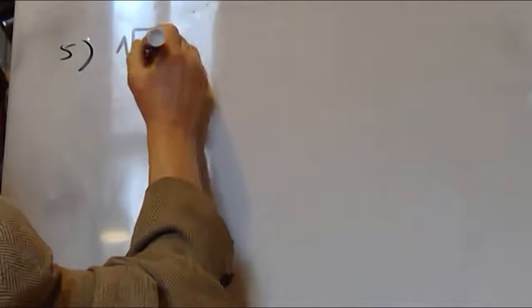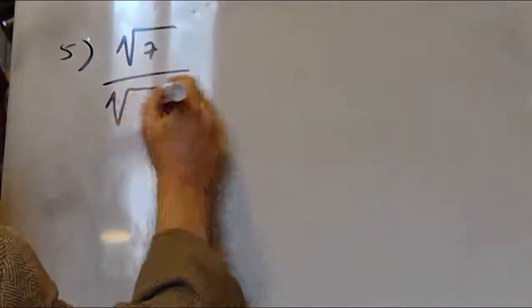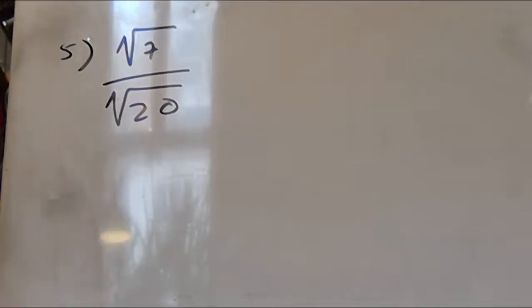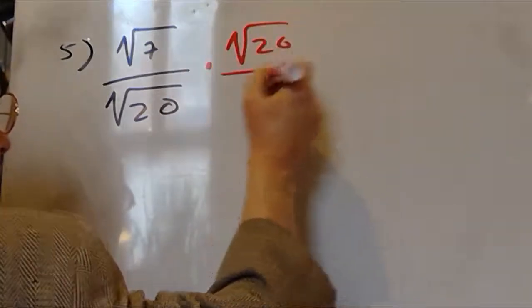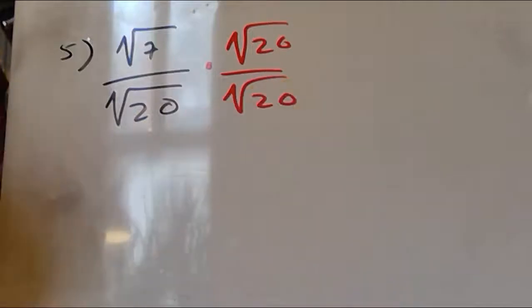We have square root of 7 over square root of 20. Well, make your life easy. We can see that there's nothing, even if we put it under one radical sign, 7 doesn't go into 20. That wouldn't help us. So we're stuck rationalizing the denominator. So I'm just going to multiply the top and the bottom by the square root of 20.